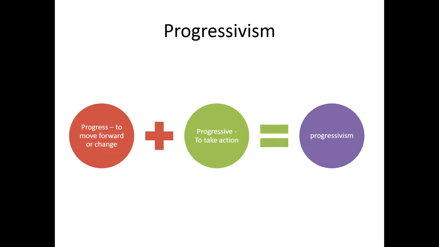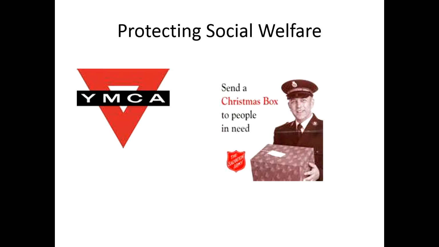The progressive movement had four main goals. The first of those goals was to protect social welfare. Progressive reformers worked hard to soften some of the harsh conditions of industrialization and urbanization.